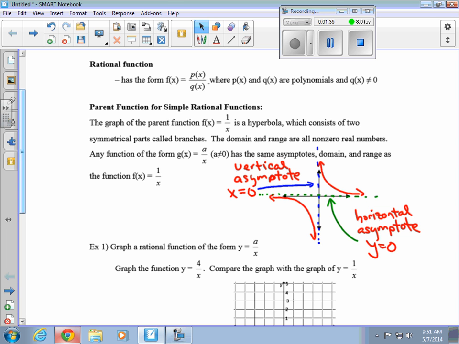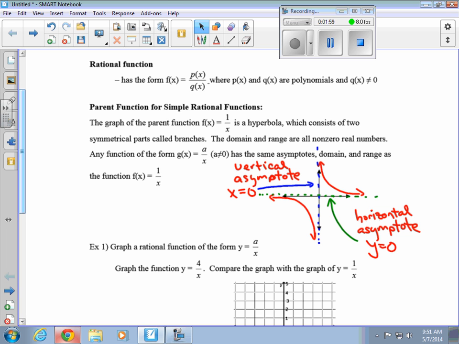The vertical asymptote is the line x equals 0. It will never touch that. This dotted blue line is the vertical asymptote. It's a line that your graph will get infinitely close to, but it will never touch it or cross it. So we will never have 0 in our domain because that is the vertical asymptote.